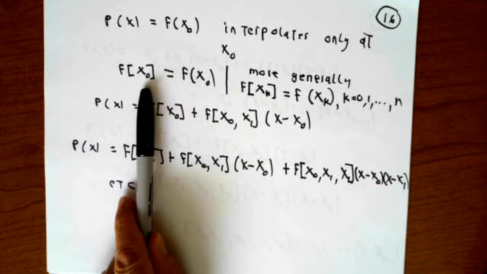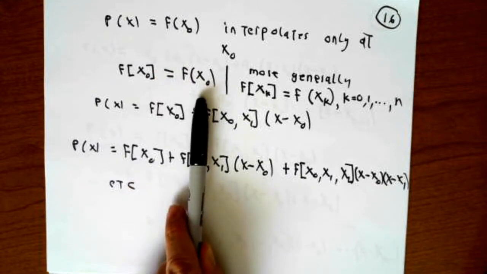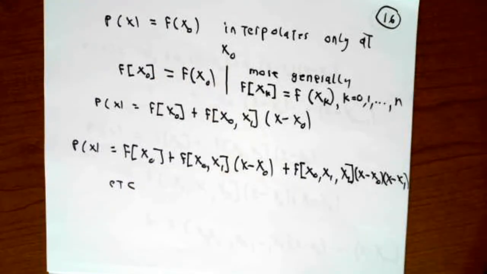When we write f bracket of x0, we're just speaking of a function value. More generally, f bracket xk is function value number k from the data set. So we already know some of these bracket quantities. We know the ones that are based on a single x value.